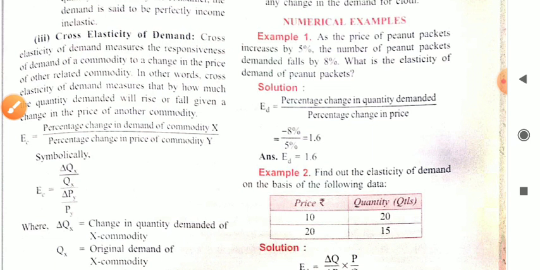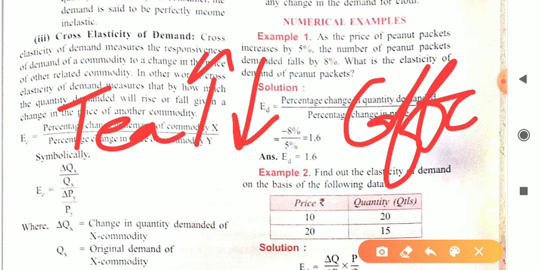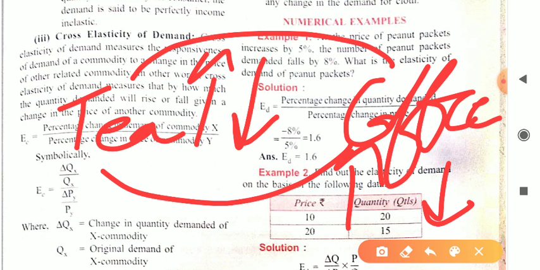Suppose the price of tea increases or decreases. What is the impact on coffee? Its quantity demanded increases or decreases. When you study the relationship of two commodities and how they impact the price and quantity demanded of each other, it is represented by cross elasticity of demand.